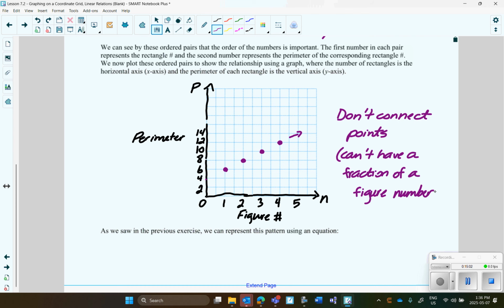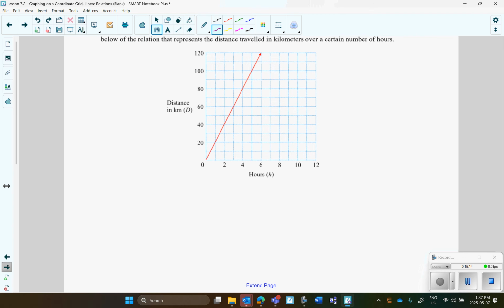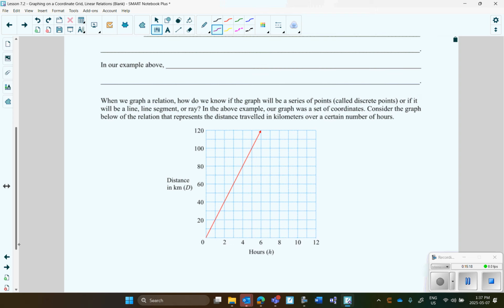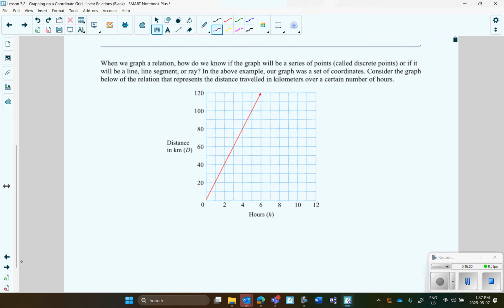So one thing you've got to be aware of when you do these kinds of questions is whether you connect or not. I know I'm jumping around a little bit here, but let me show you an example of where we would connect. Let's say we had another one. And let's say somebody was driving or walking or running or whatever.